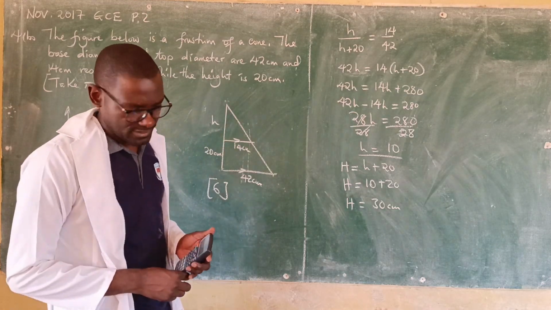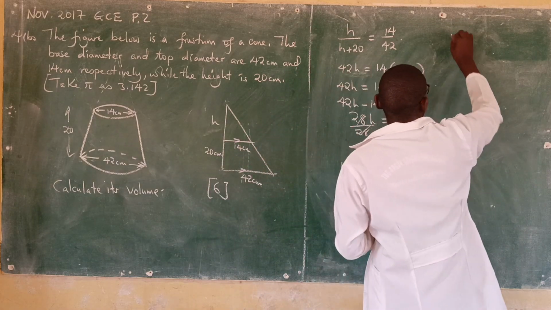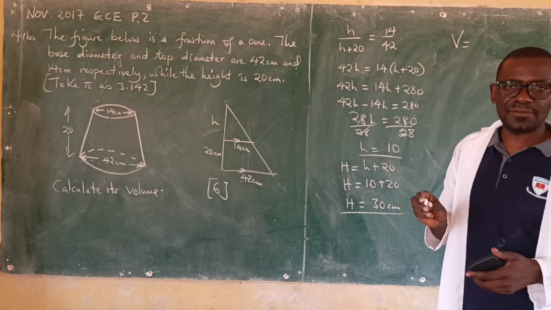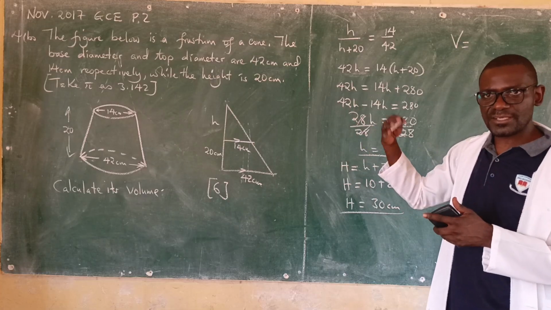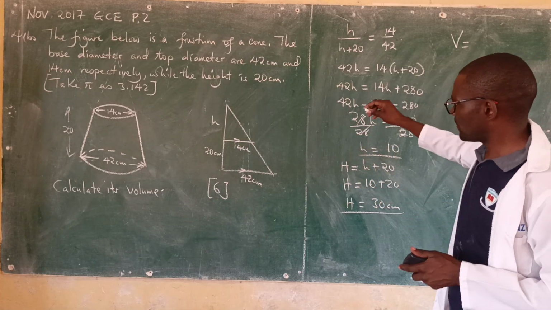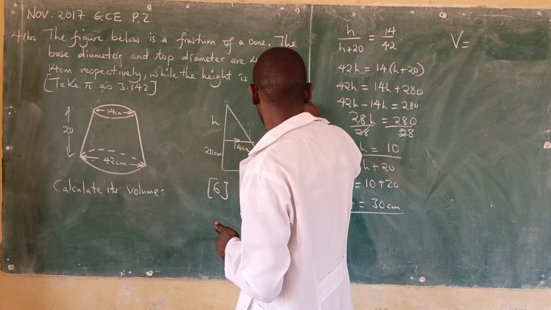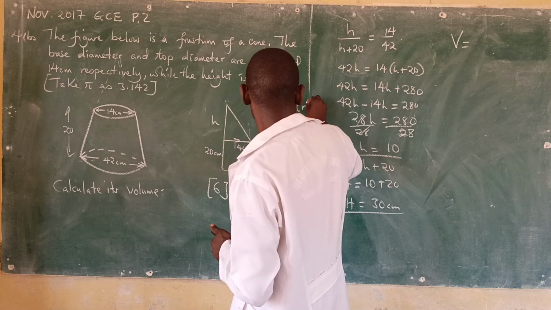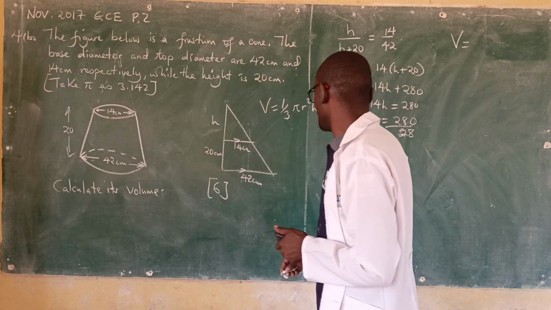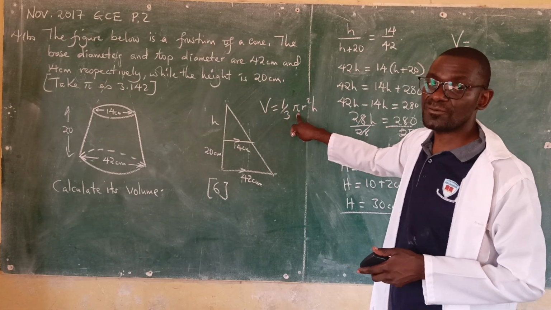Now using that one, the volume of a frustum, I said it will be given by the volume of a larger cone minus the volume of a smaller cone. And the formula for volume of a cone is 1/3 pi r squared h. So we have for a larger one and for a smaller one, 1/3 and pi will be common.